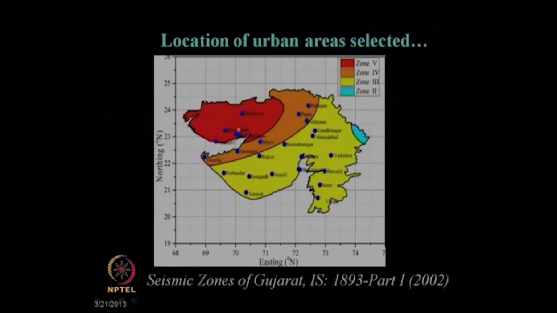So, far away. Actually, Ahmedabad is in zone 3, whereas Bhuj is in zone 5. But for Ahmedabad, after this 2001 Bhuj earthquake, several buildings collapsed, several high-rise buildings collapsed.